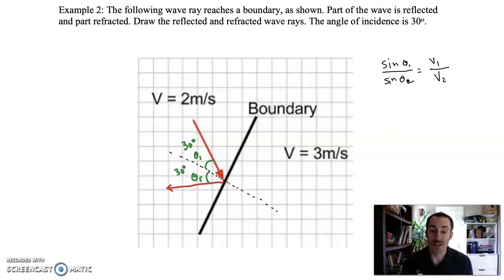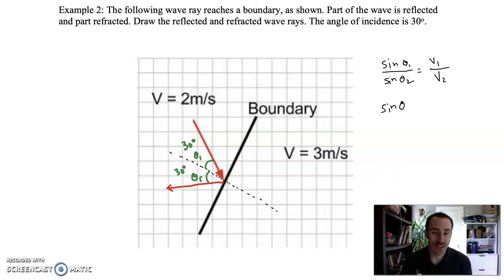So let's rearrange it for theta 2 first of all, and then we can put all the numbers in. Again, you can put the numbers in first, and then simplify, and then rearrange if you want to, but I prefer to rearrange first. So this is on the bottom right now, so I need to multiply by the sine of theta 2 to get it out of the bottom, and then I need to divide by v1 over v2. Dividing by v1 over v2 is the same as multiplying by the reciprocal, if you recall, and so it ends up looking like this.